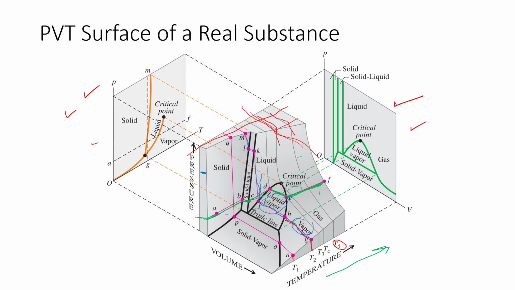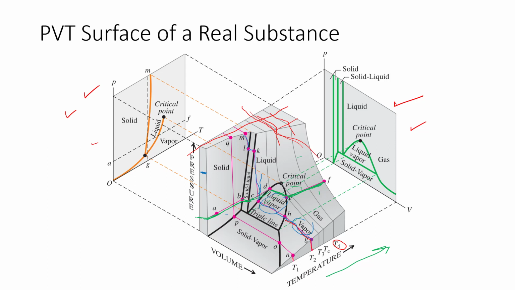The transformation is not complete yet, but at C the phase transition is complete. Now everything would be in the liquid phase. And as we increase the pressure, the liquid now transforms to solid at point K, and between K and L we have equilibrium of solid and liquid.